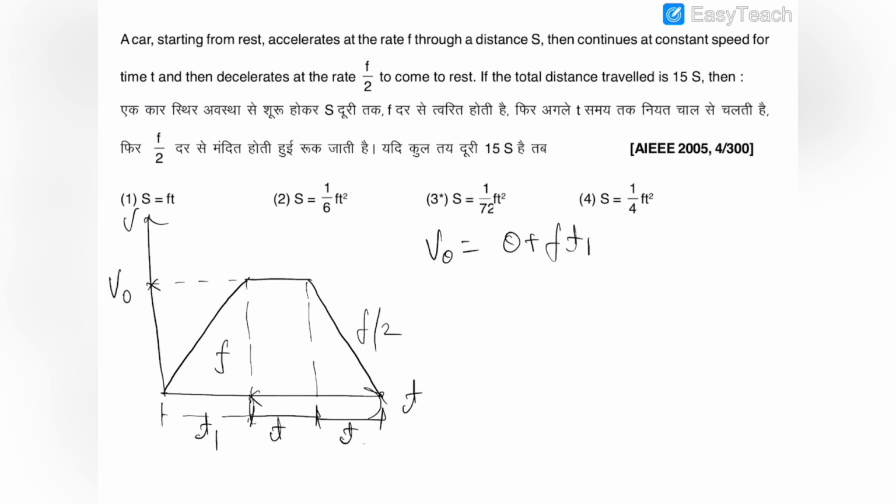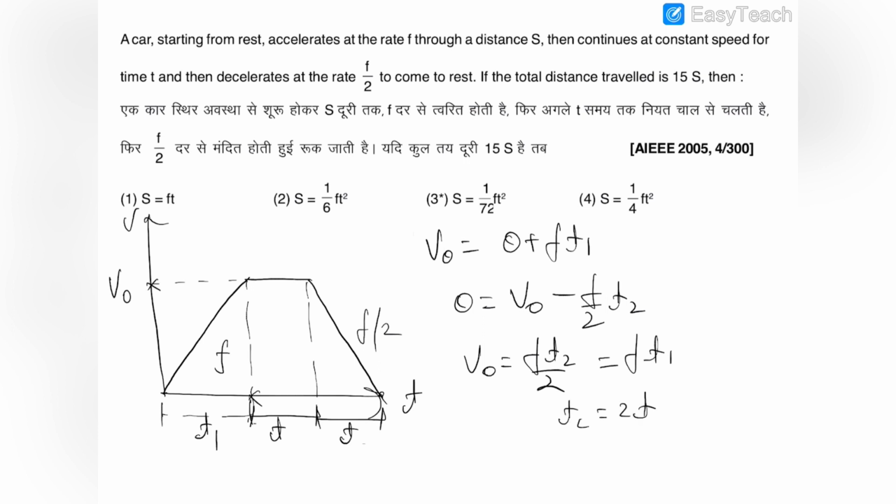And if we apply the equation of motion in this motion, final velocity is 0, and this is v0 minus f by 2 t2. So you can see that v0 is equal to ft2 by 2, and that v0 is ft1. So t2 is equal to 2t1, which we can find out.